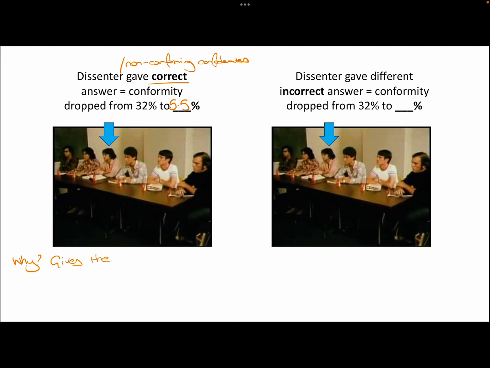This gives the participant confidence in their own judgment. This confirms what they were going to answer in the first place. It gives them encouragement. It reassures them that they're correct, the group is wrong, and that answer that they had determined is right, and it was confirmed by the other person in the group.